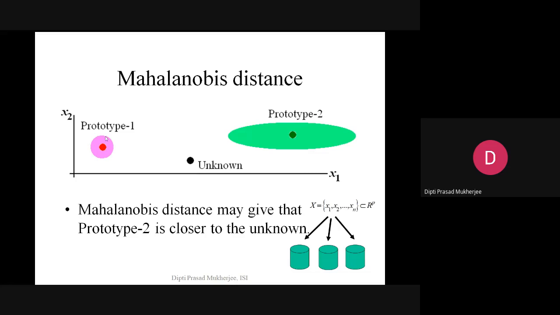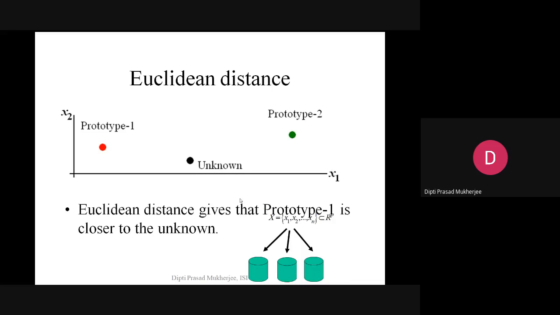Similarly, let's say this green one is the chrysanthemum, and this distribution looks like this huge ellipsoid. Now, if you compare this to the previous slide, by distance, probably unknown is much closer to the red compared to the green in the Euclidean distance sense.